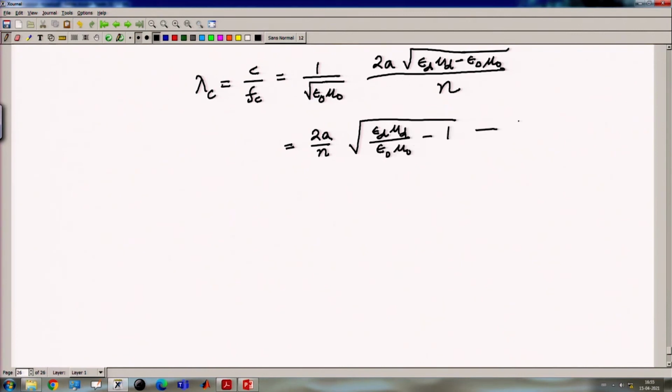We call this expression for the cutoff wavelength lambda c as equation 34. So, the modes are TM n and TE n.